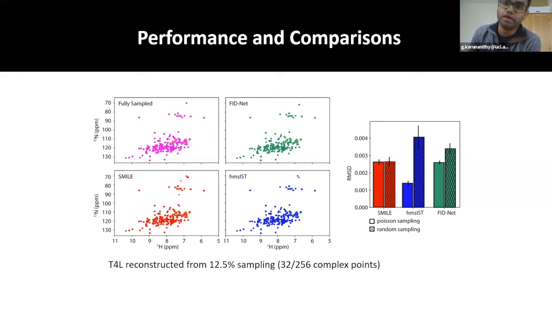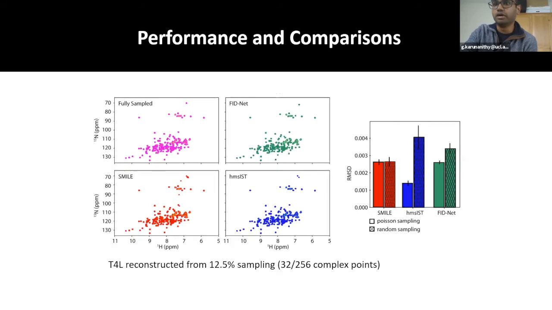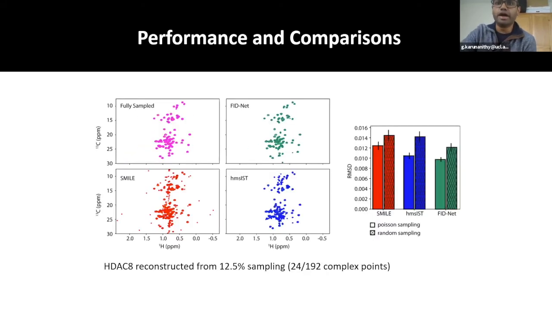If you look at the spectra visually, you can't see any big differences, but you'll notice there's a couple of peaks missing. The performance is broadly similar between the three programs. If you look at the y-axis, the numbers are all low across the board.